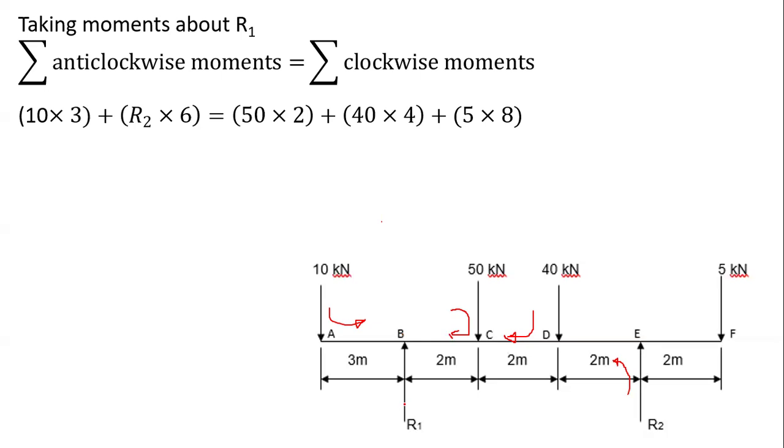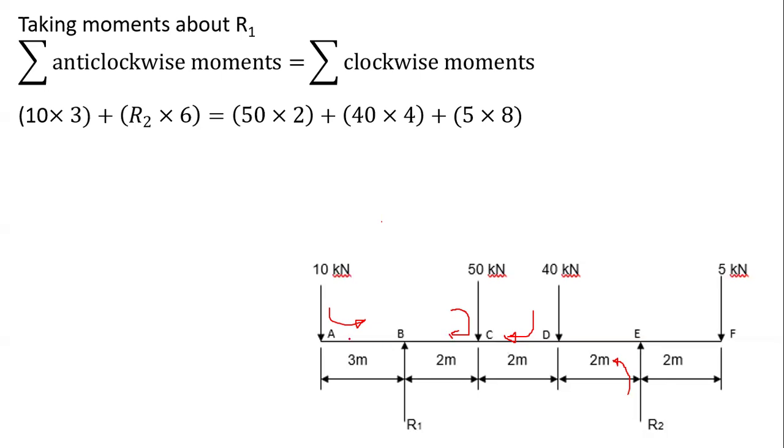How would I know whether this moment about R1, for example, the moment created by the 10 kilonewtons, is clockwise or anti-clockwise? It's very simple analysis. All you do, just ignore the other forces. Consider that this beam is only having this force and it's pushing downwards.